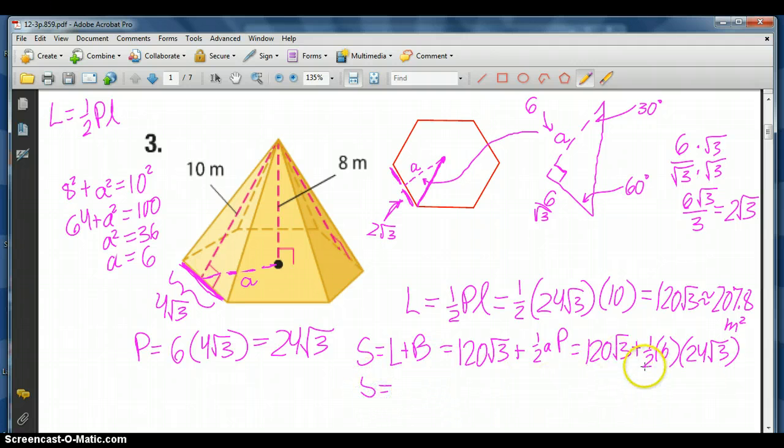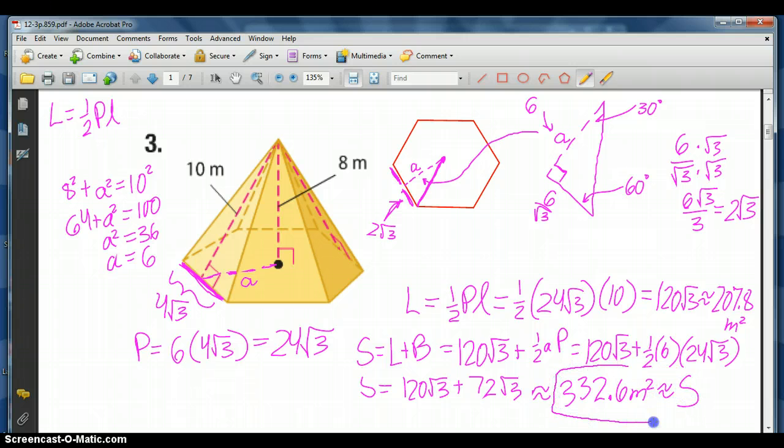So if we simplify all of this, we would have 120 square root of 3 plus half of 6 is 3 times 24 is 72, and 120 square root of 3 plus 72 square root of 3 is approximately 332.6 square meters. And so that is our surface area.